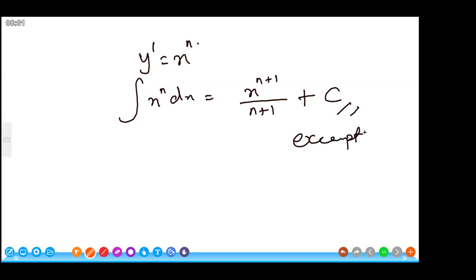Except for n equal to minus 1. If it is minus 1, that would be a log function, right?